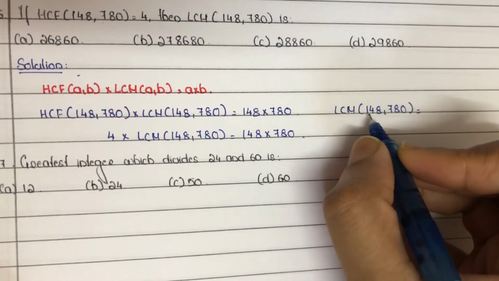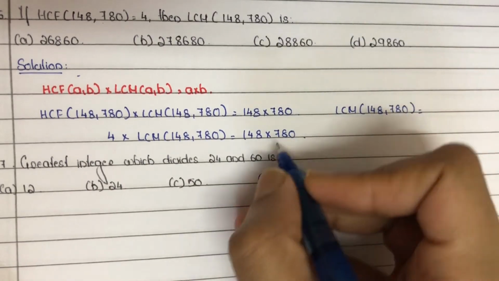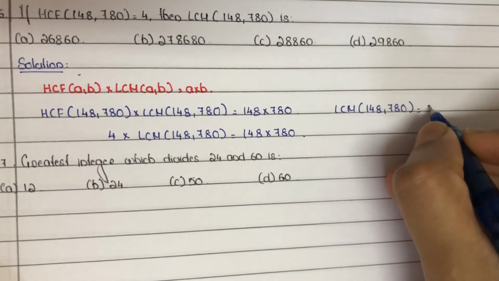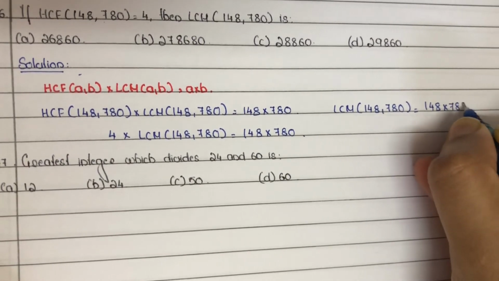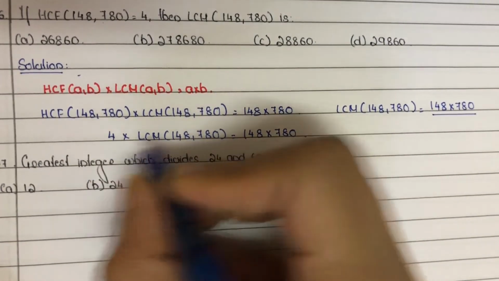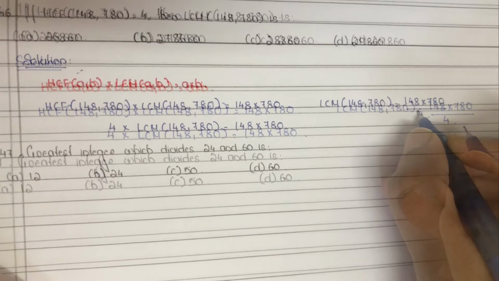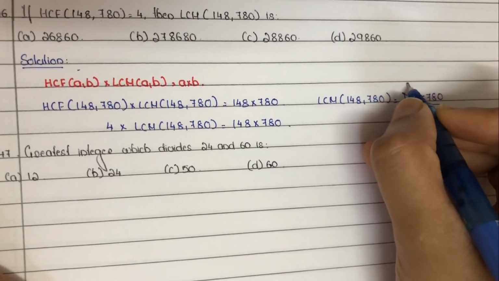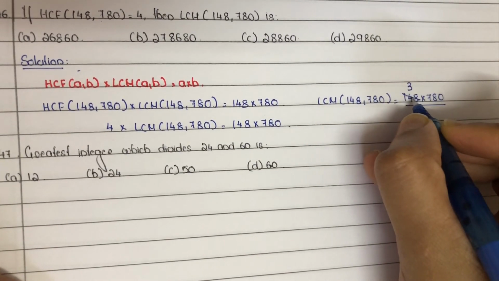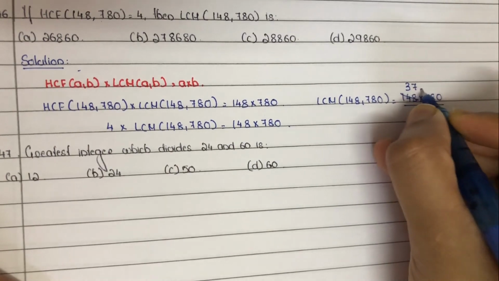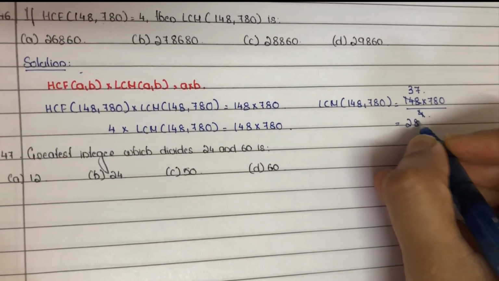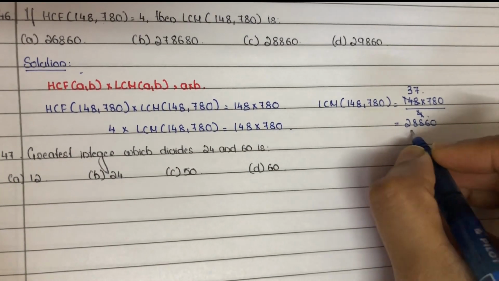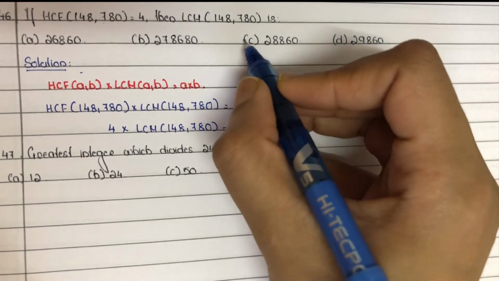So LCM of 148, 780 equal to 148 into 780 by 4. That is 37 into 780 equal to 28860. That is option C.